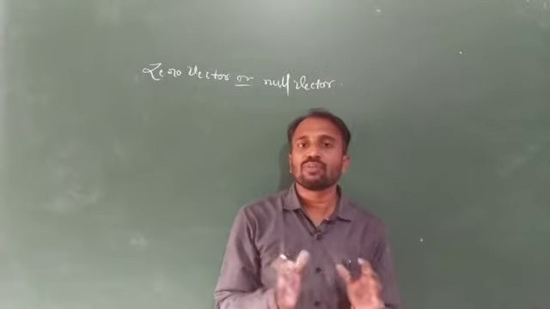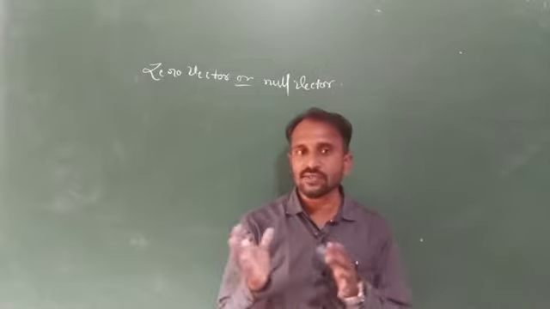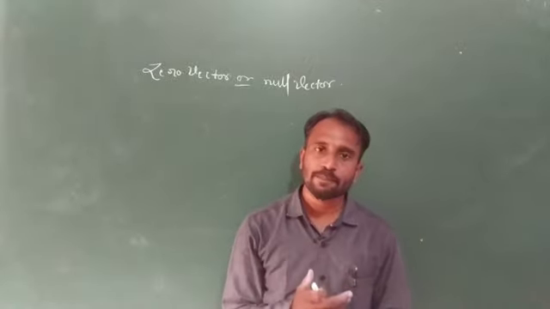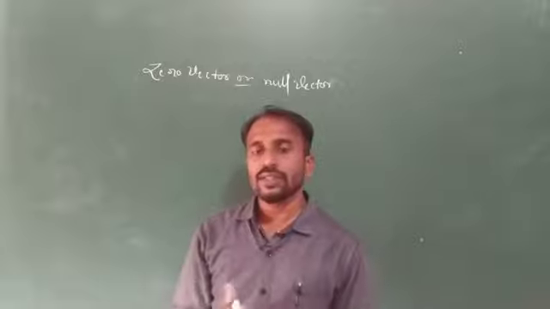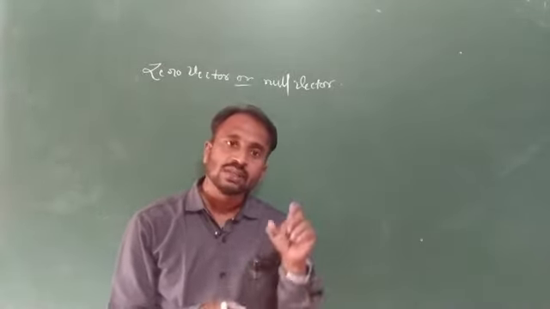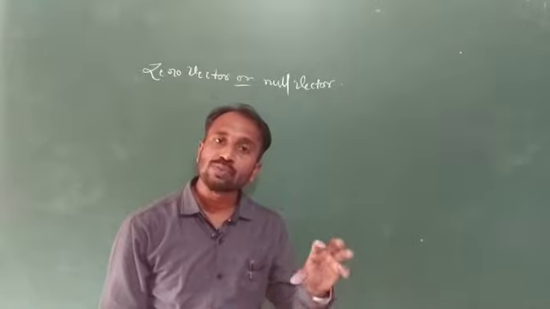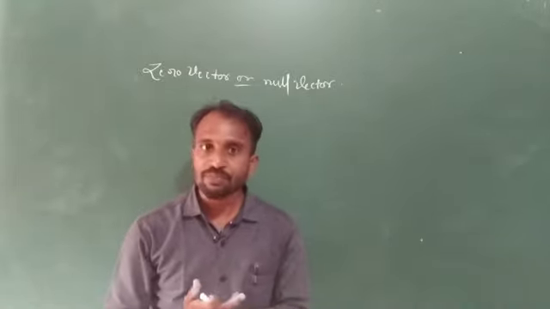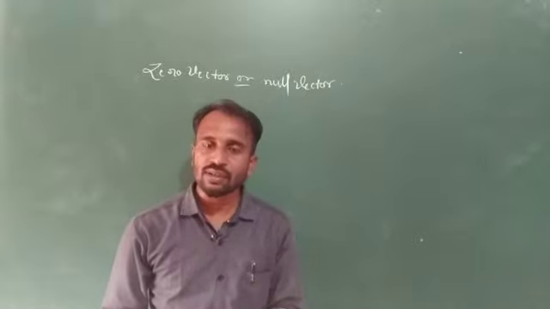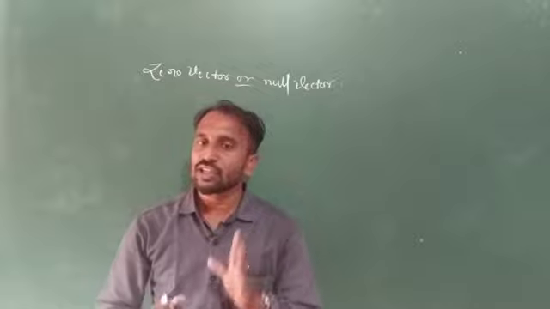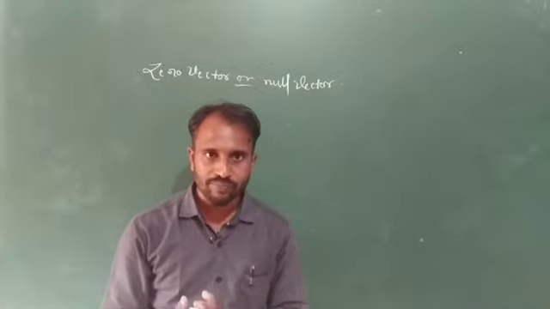The vector having a magnitude of 0 is a zero vector, or null vector. Generally, the physical quantity which shows both magnitude and direction is called a vector quantity, right?